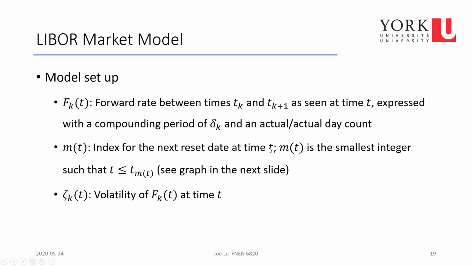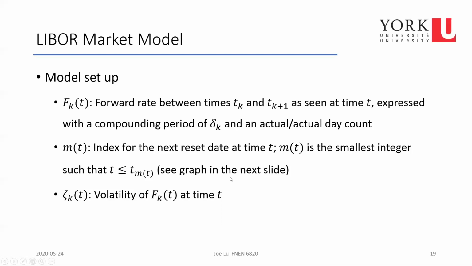It is the smallest integer such that T_m is greater than t. So it takes time as the argument and returns an integer value.